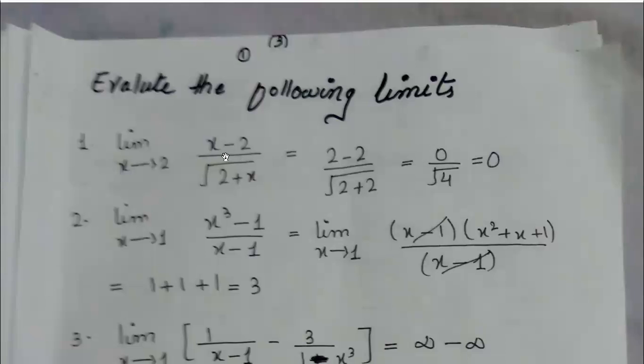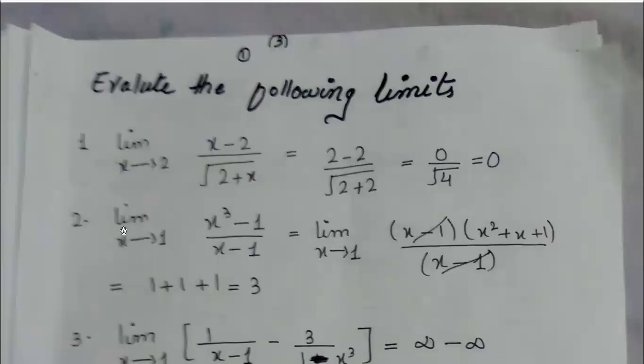What we get in place of x: 2 minus 2 over radical 2 plus 2. 2 minus 2 means 0, 0 upon radical 4, and 0 upon any number is equal to 0, and you know that 0 is a finite number. It means the limit of the function (x minus 2) over radical (2 plus x) when x tends to 2 exists and is equal to 0.